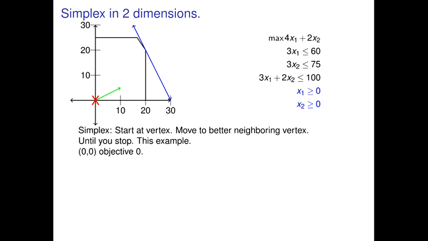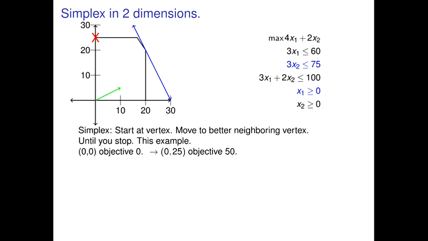So are they better? Do they have better objective value? Yeah, because that line forms an acute angle with this green direction. So moving in that direction has some projection on the green line. So you're getting better in terms of the objective, right? Okay, so that's better. And indeed it's better.